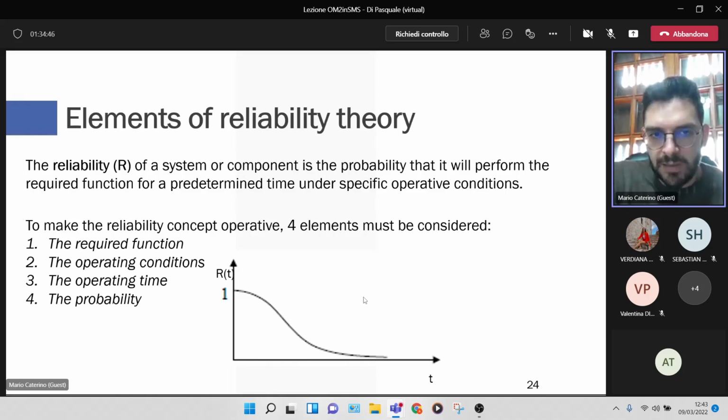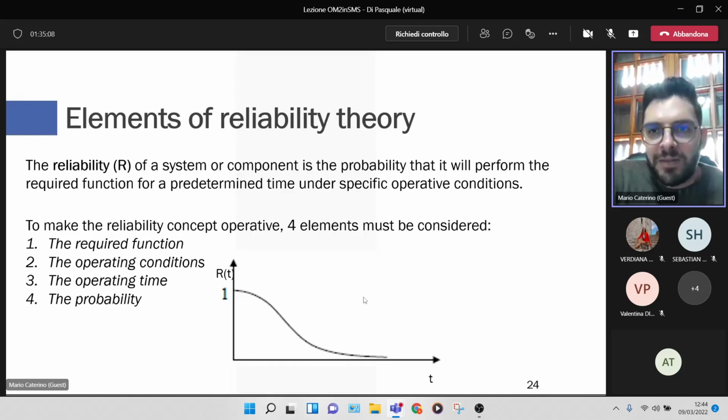Please note that in this figure, in which the reliability of a component, a system, is represented, the reliability function is a non-increasing function. So it cannot increase, but only decrease.